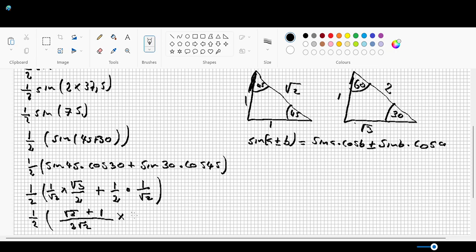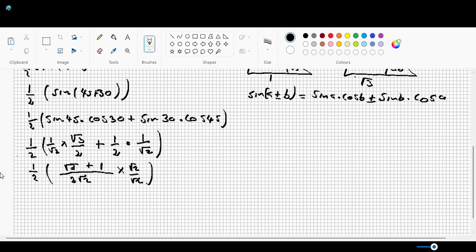Because we want to rationalize, we multiply by root 2 over root 2, which is 1. By the way, we multiply by 1 because we are rationalizing, we want to get rid of root 2 on the denominator. So this is going to give us root 6 plus root 2 over, if you multiply 2 root 2, 2 multiplied by root 2 multiplied by root 2, you're going to have the answer of 4.